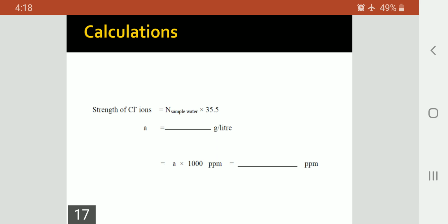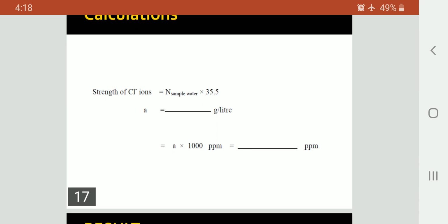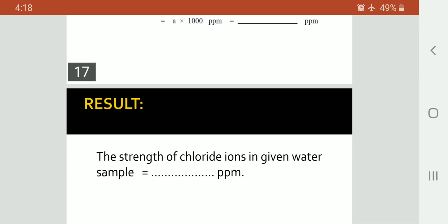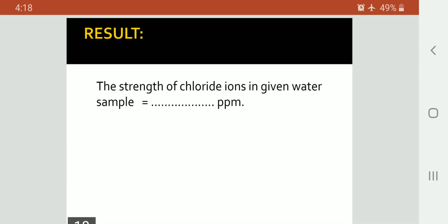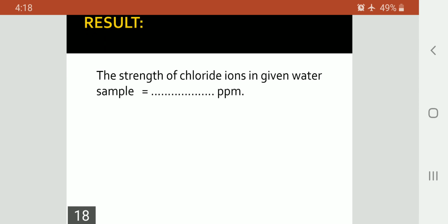And when you multiply this value by 1000, you are going to get the value in terms of ppm. So that is how you determine the strength of the chloride ions in the given water sample. And finally, you are going to quote the result which you have obtained.